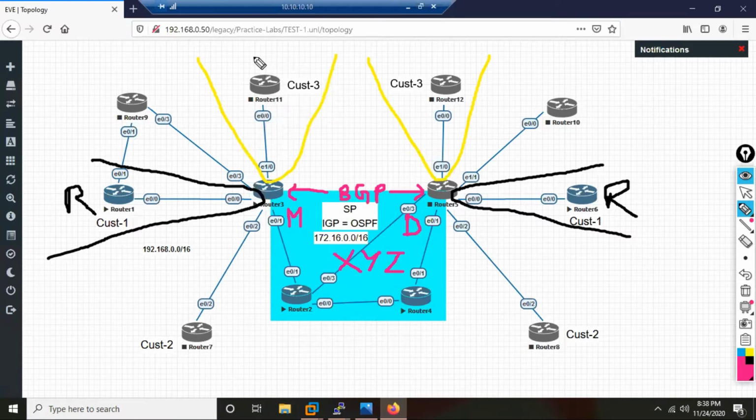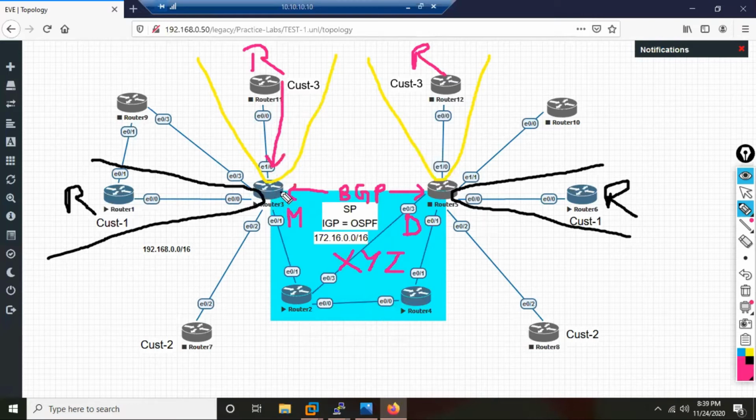This customer is also running which protocol? RIP. They are also running RIP now. Okay, and then what happens? When you provide this service, this customer 3 will send RIP routes to R3. And what have you already done on R3?